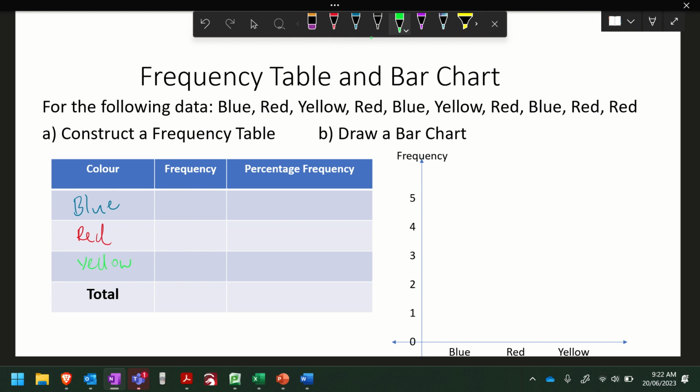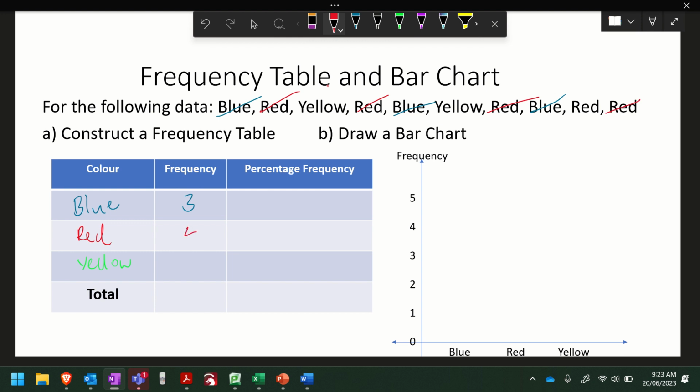Then from there, you're just going to be counting how many of each of the variables there are. So, for example, in blue, I like to cross it out as I go, so I know that I've counted it. I've got 1, 2, 3. There's 3 blues. So on frequency, there's 3. For red, let's count that. You got 1, 2, 3, 4.